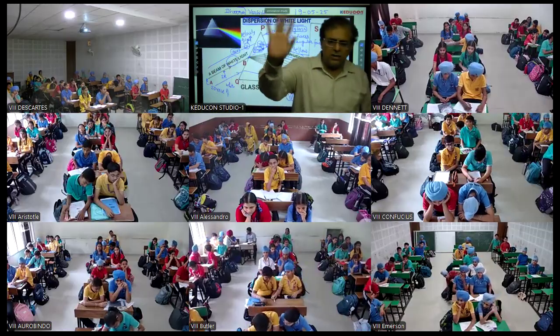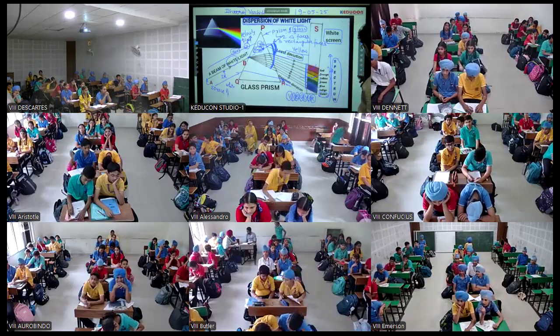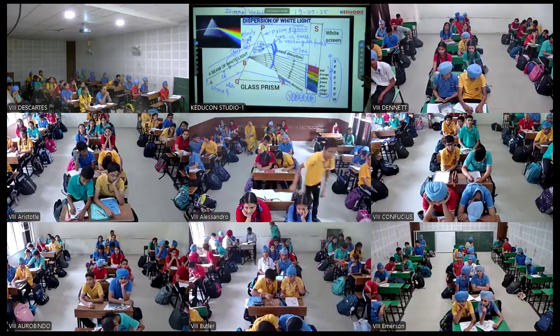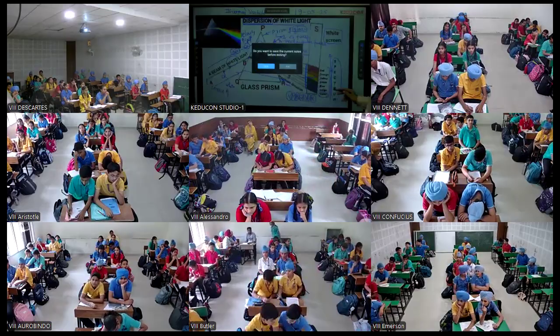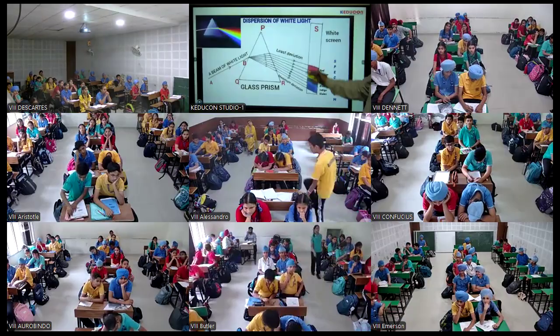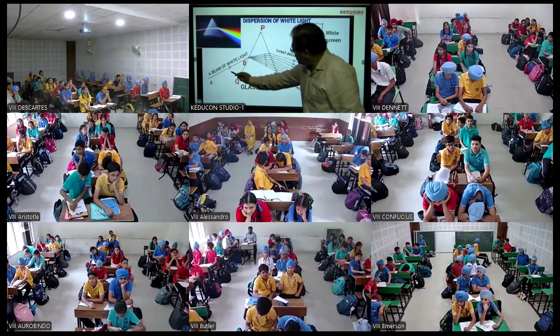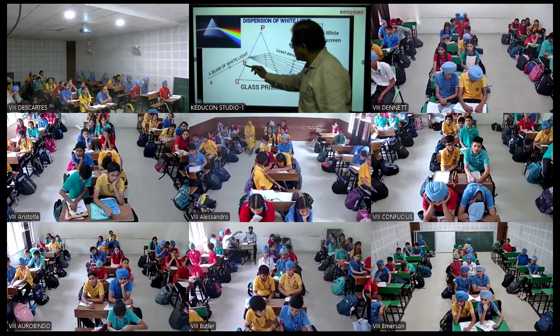Doubt clarified? Yes. So this was the dispersion. Let me discuss another point further. Look here. Now all the original things are here. I have told you many things. White light is mandatory, it is the condition.